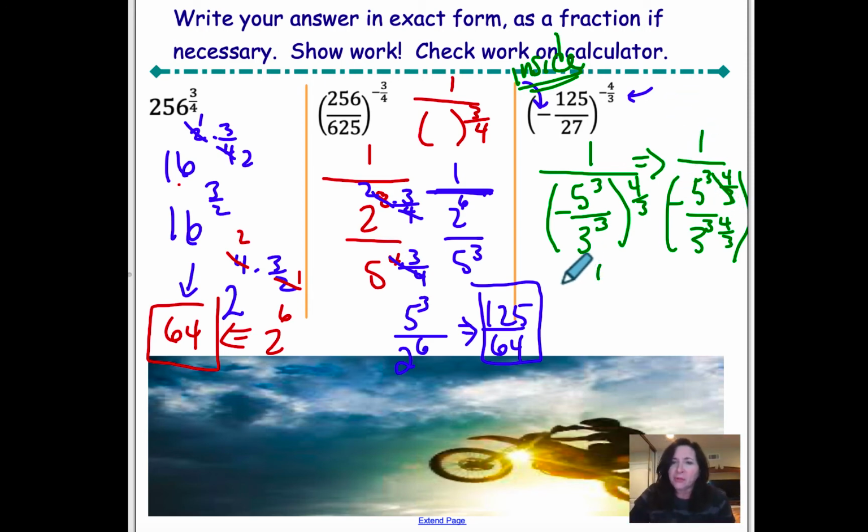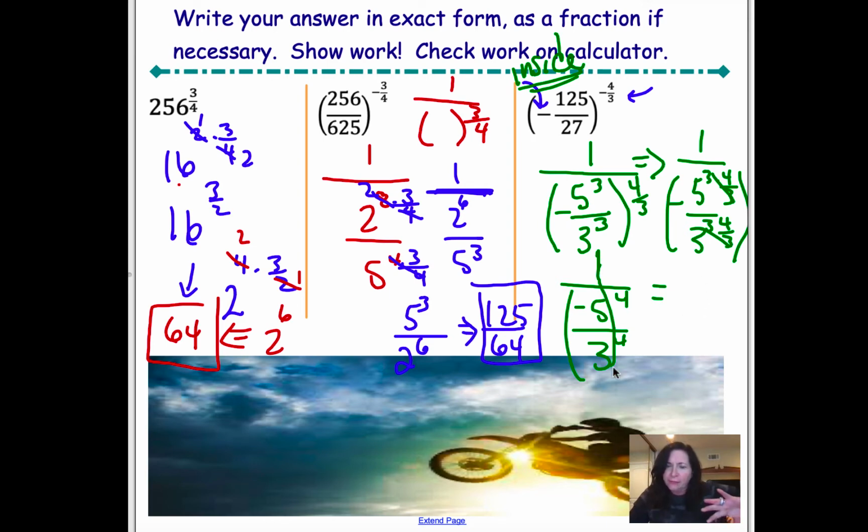So what we have is 1 over negative 5 to the 4th power divided by, let's see, what do I get? 3's cancel. I get 3 to the 4th power. And so then, and this is all, yeah, outside. That's crazy. And now that's over 1. So this is going to flip.